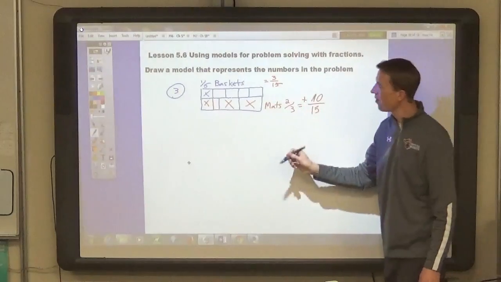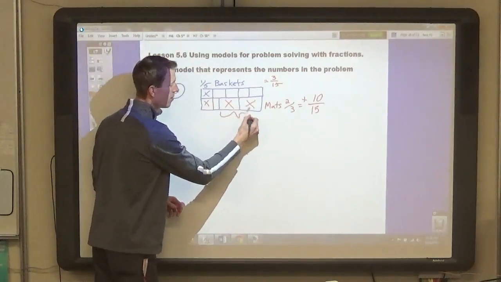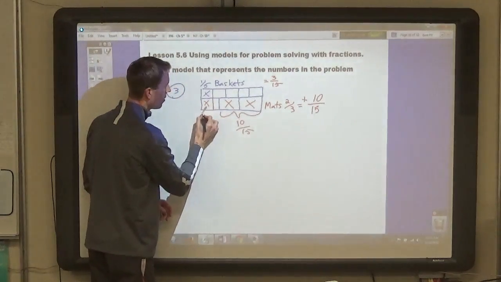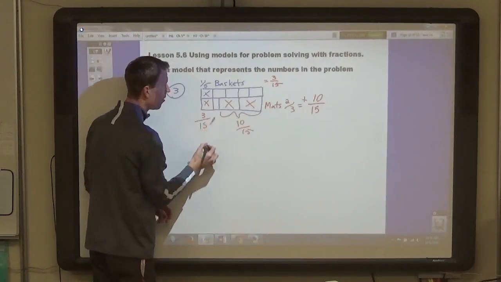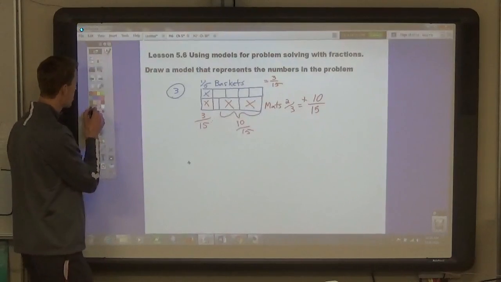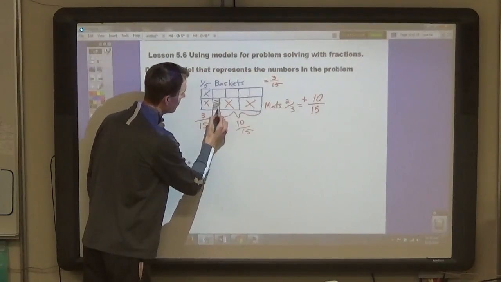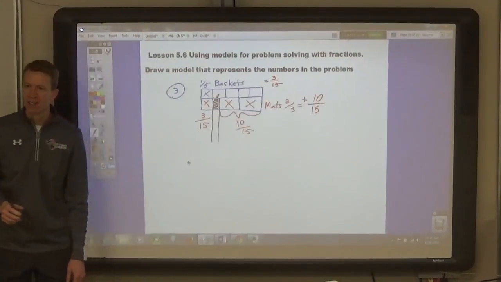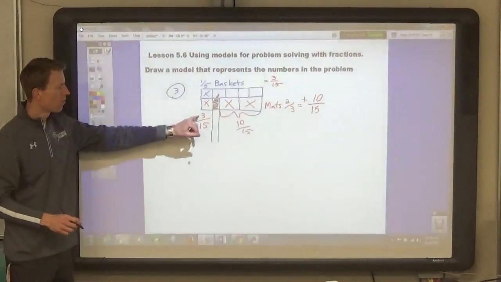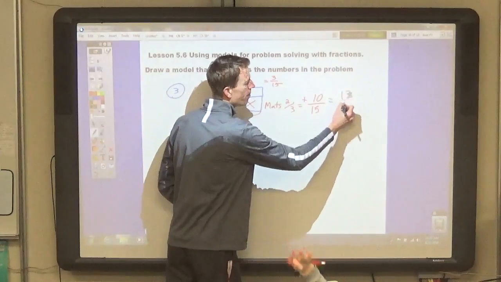If we add these together, we know how much this amount is. And how much is the remaining amount? How much is this remaining amount right here? This piece right here. How much is that? Grace? 3/15ths plus 10/15ths is 13/15ths.